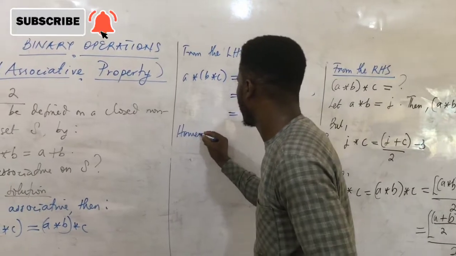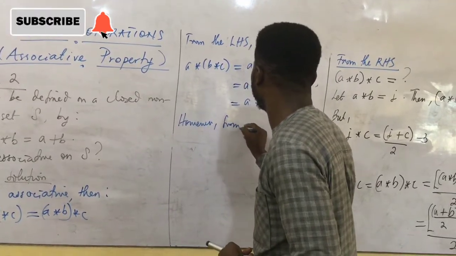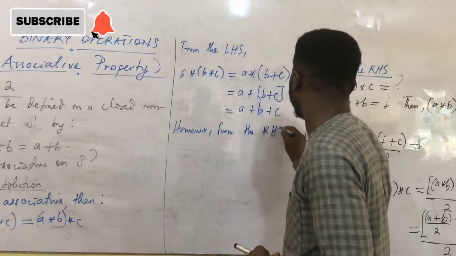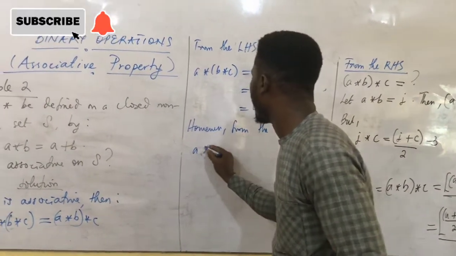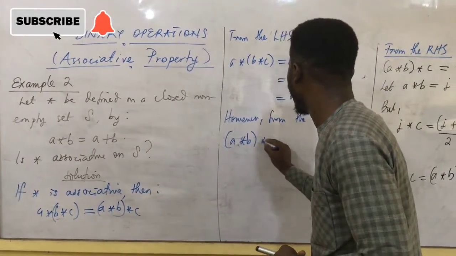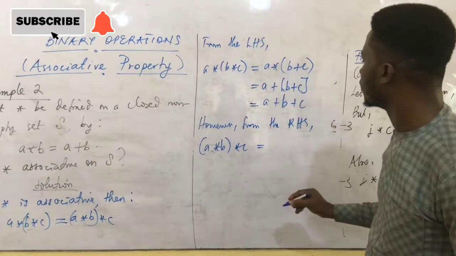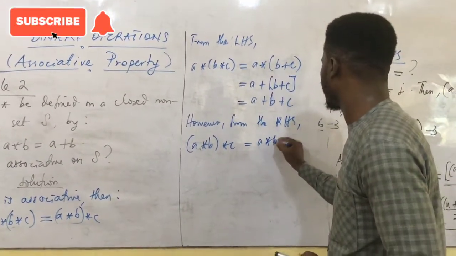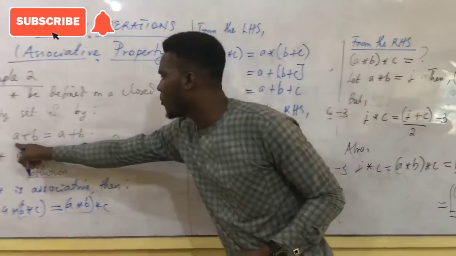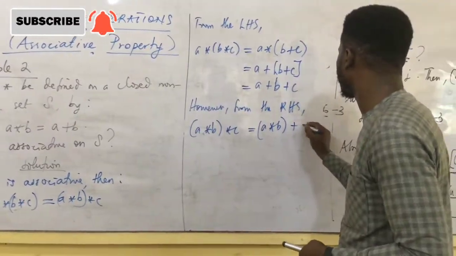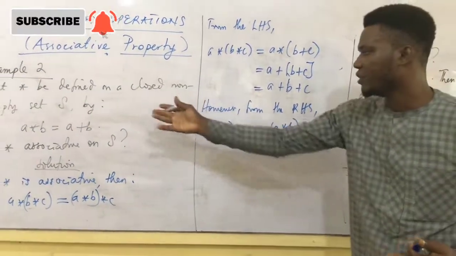However, from the right hand side, (A asterisk B) asterisk C will be equal to A asterisk B, what is in the first component, plus C, what is in the second component by definition.